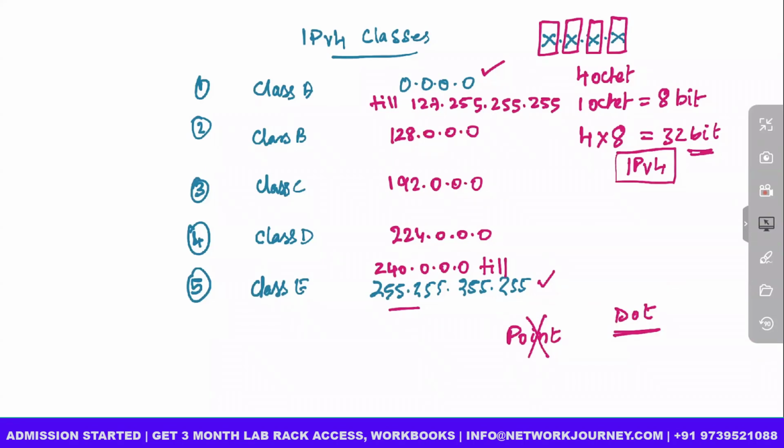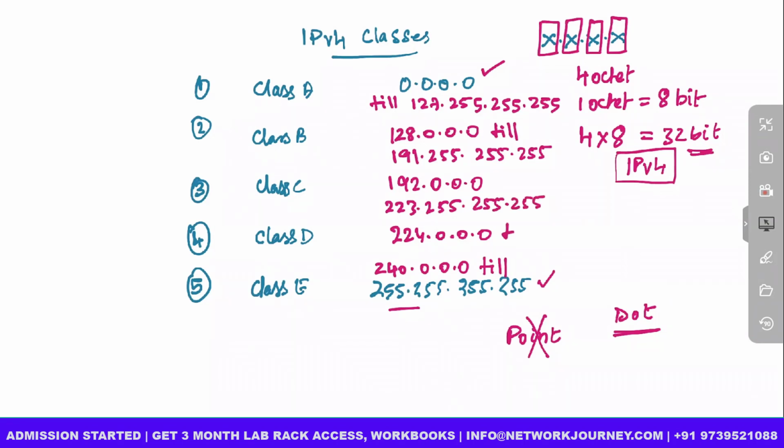Class B starts with 128, goes till 191.255.255.255. Class C starts with 192.0.0.0, which goes till 223.255.255.255.